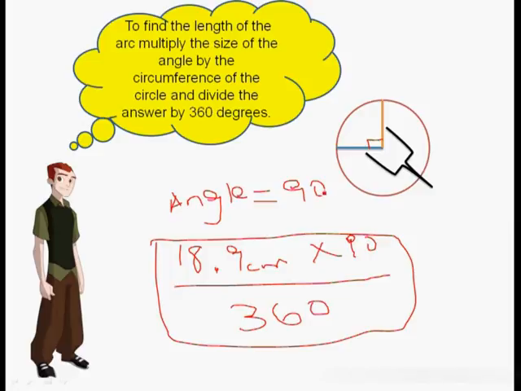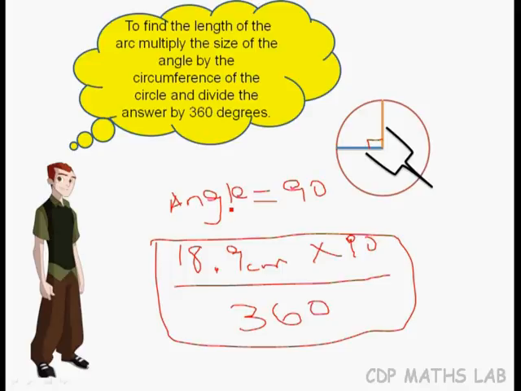Now, note first, if you're only given the radius in a question, then it automatically means you're supposed to find the circumference first using the radius given and the number given for pi. After you've found the circumference, your next step is to multiply the circumference by the angle given or shown.